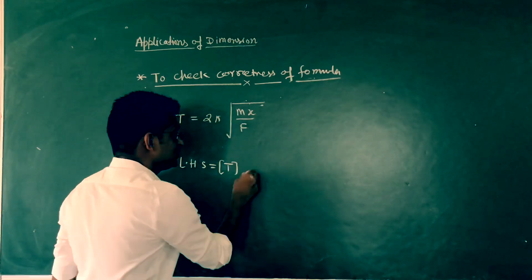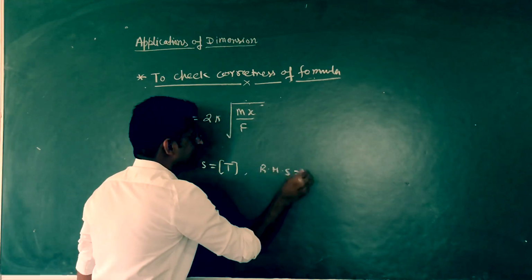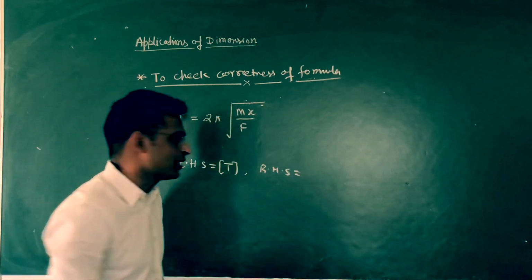For the right hand side dimension, RHS, first I neglect this 2 pi; I won't consider it. I forgot about that.